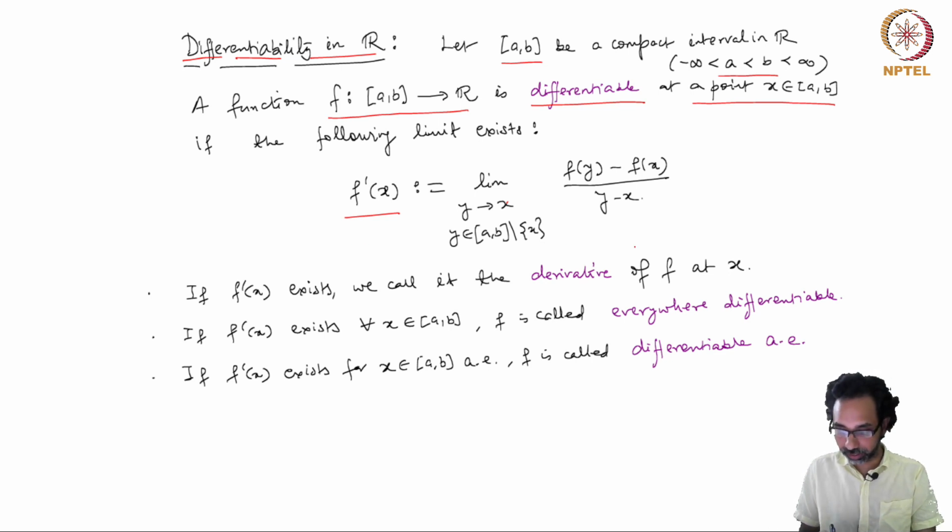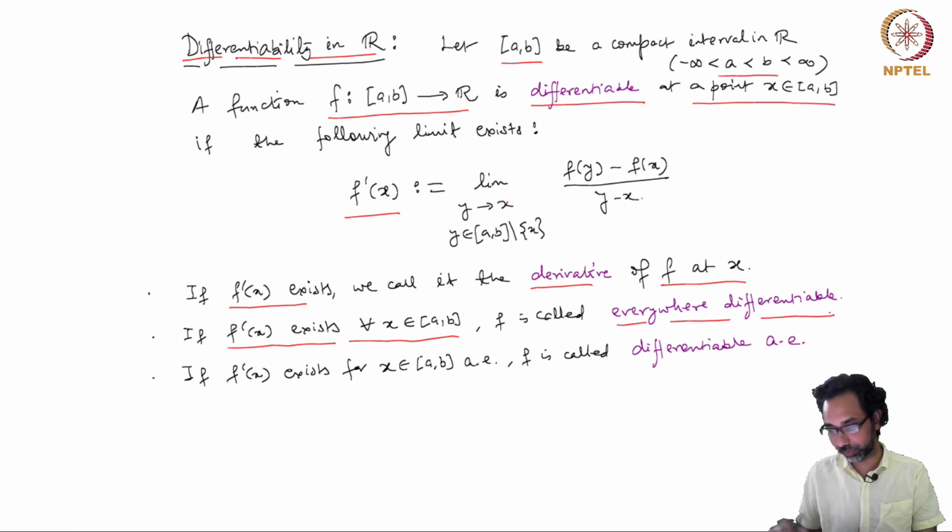So when this limit exists, we call it the derivative of f at x. And if f'(x) exists for all x in this interval [a, b], it is called everywhere differentiable.